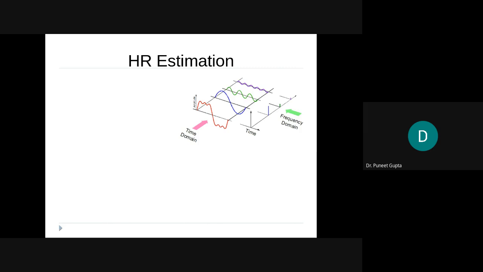In very simple words, we have one signal, shown in red. This is my input signal. Now I decompose this signal into different frequencies. Here are my three frequencies, shown in blue, green, and purple. Once we decompose it, we get their amplitudes.